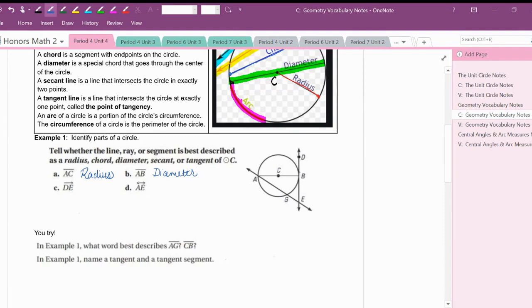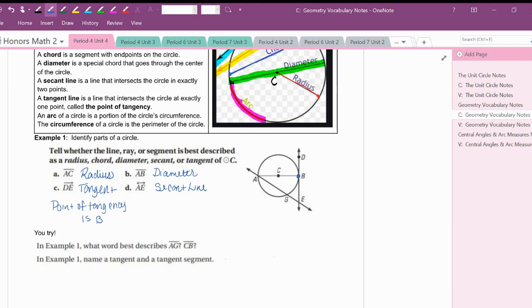Ray DE is a tangent, and the point of tangency is B. That's where it touches the circle. And ray AE, line AE, is a secant line. It intersects the circle at exactly 2 points.